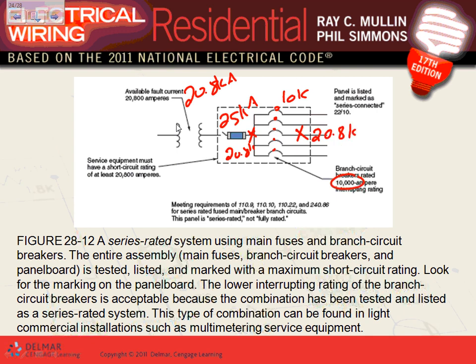So the question would be, Chad, what the heck are you doing? Look at this number and this number, and look at this number and this number. It doesn't take a genius to realize: if I have a short circuit right at the load terminal of the fuse, will this main circuit breaker be able to handle this short circuit?